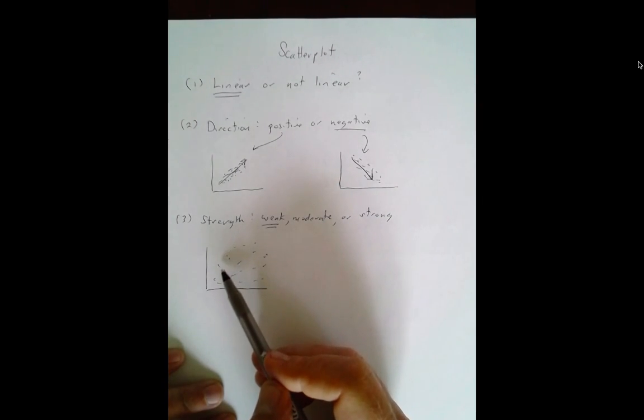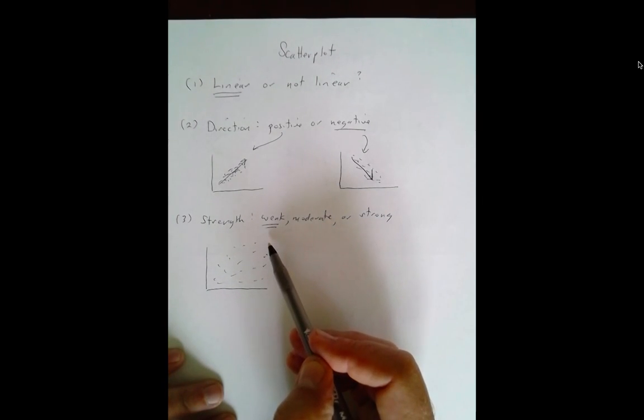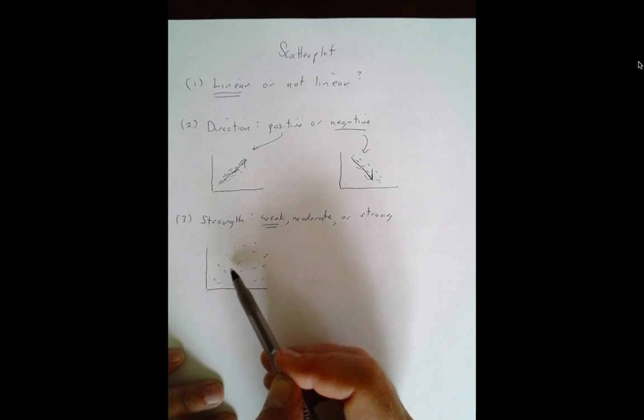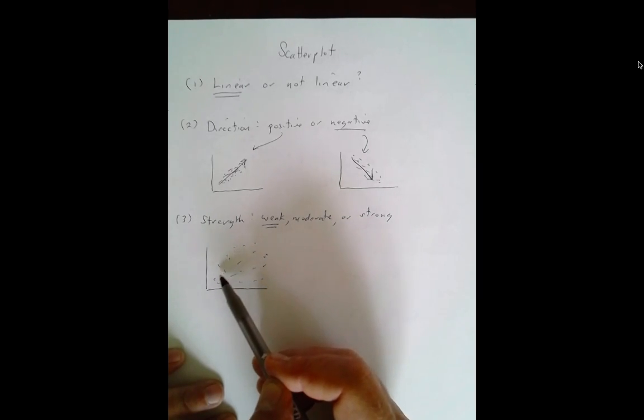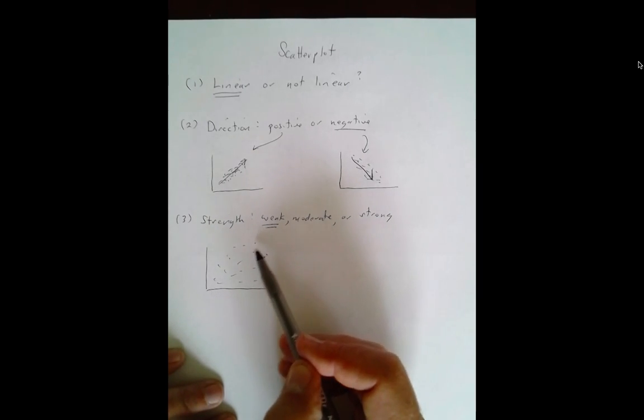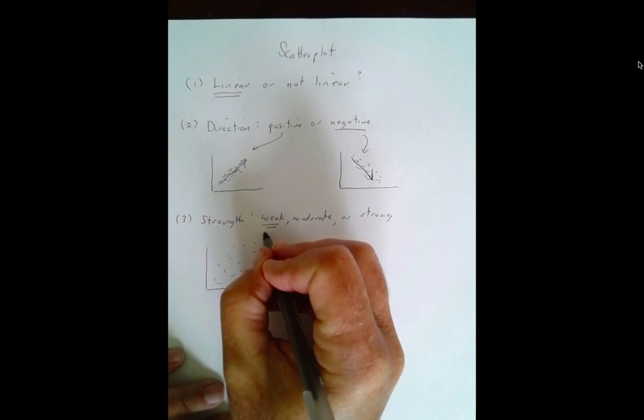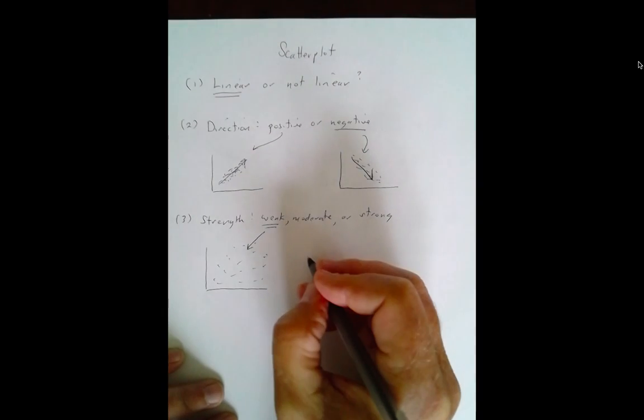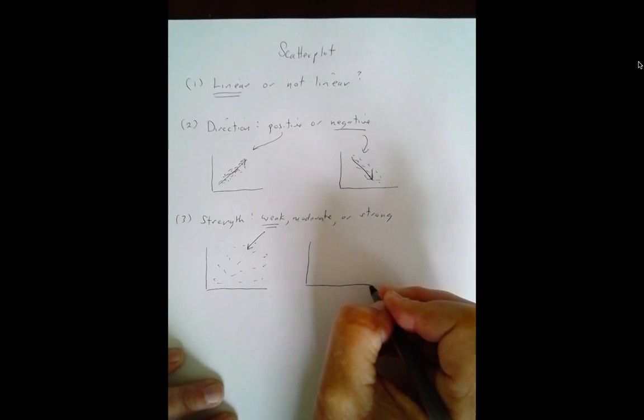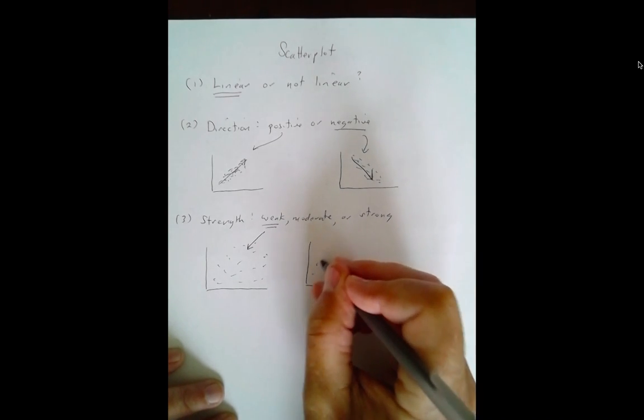We can see this thing rising to the right, but there's not a lot of clustering around an imaginary line that goes right down through the center of our data. So gang, this is a weak relationship. A moderate relationship gets tightened up a little bit.